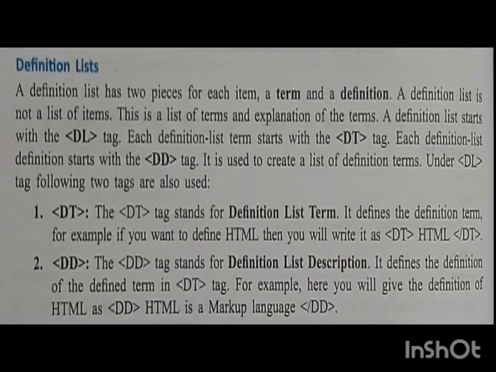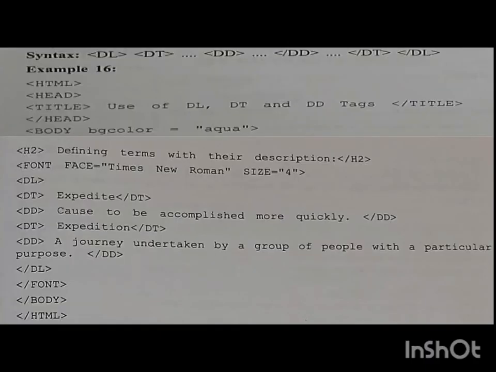Now see class how they have used it here. Definition list term. First of all we have to write what? DL, and we have to close it at the last with DL. In between there are two tags, DT and DD. So class, this is your DT, data definition term. This is again your DT, and this is data definition.